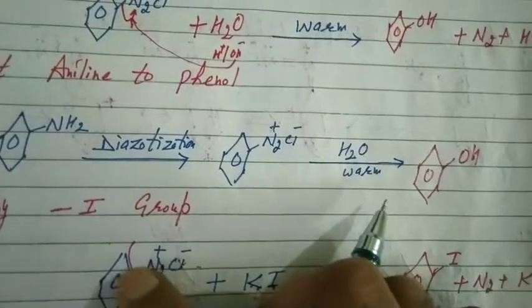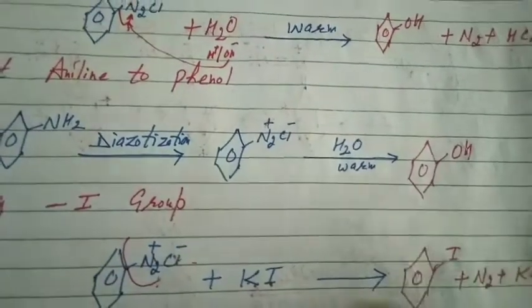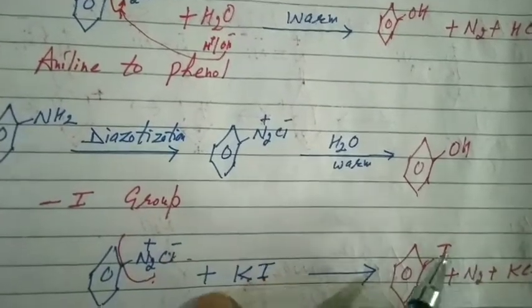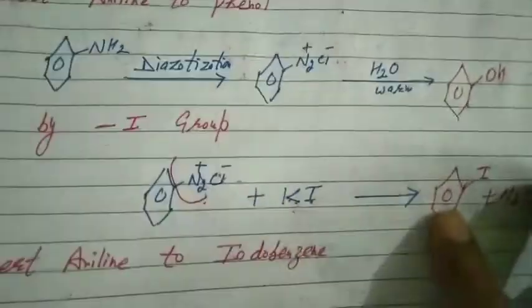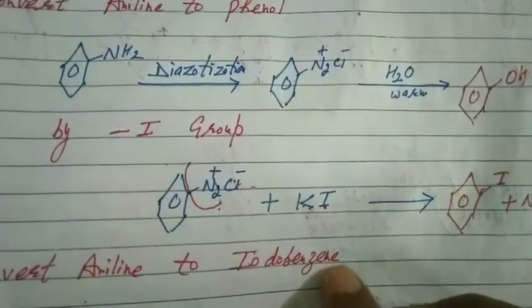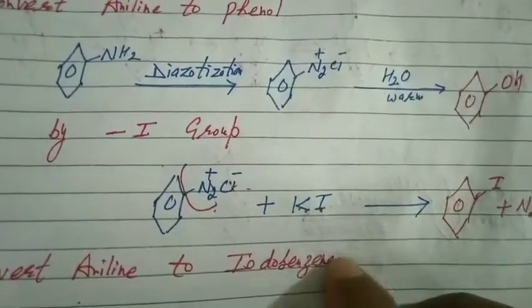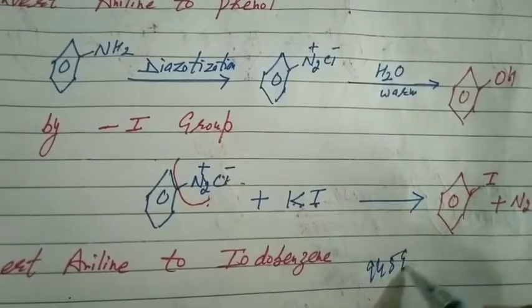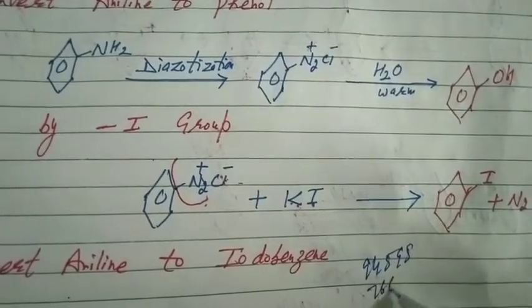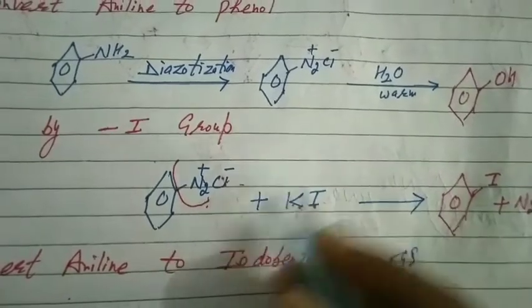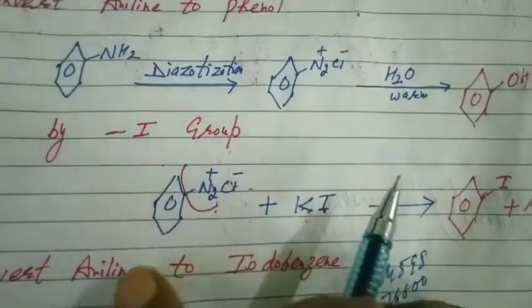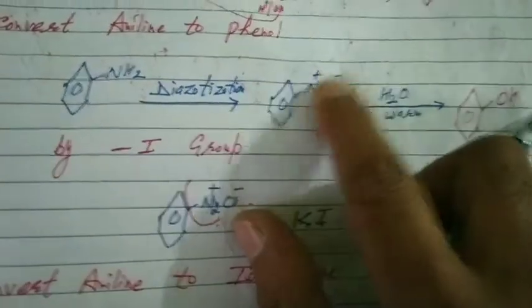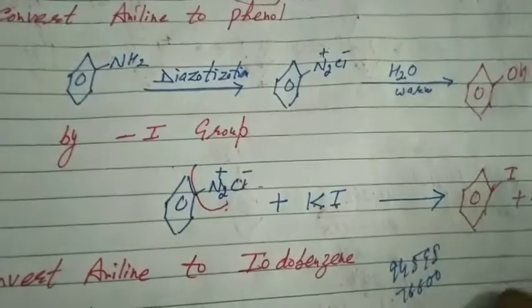Again clear, students, N2 withdraws electron, forms stable N2, Cl negative approaches K positive, forms KCl, and iodine will replace it, forming iodobenzene. It's an assignment: convert aniline to iodobenzene. Easy, students. At first write diazotization, and in the second step write KI, you get iodobenzene.